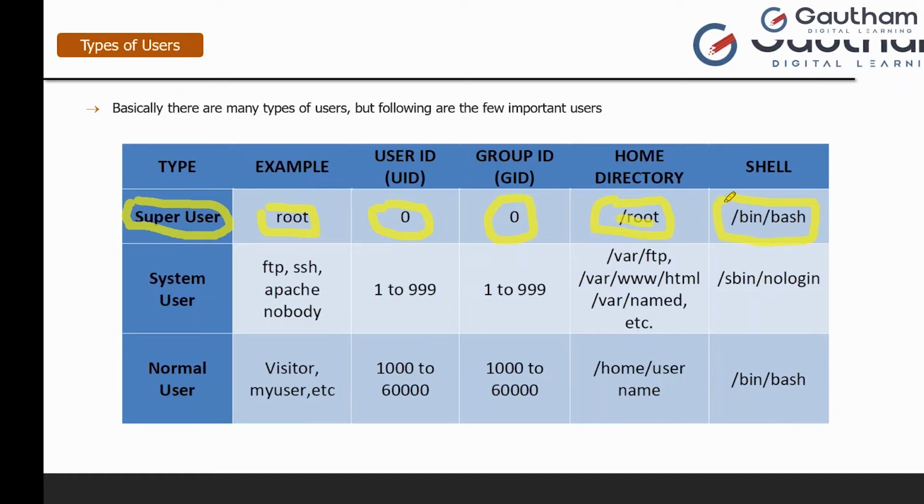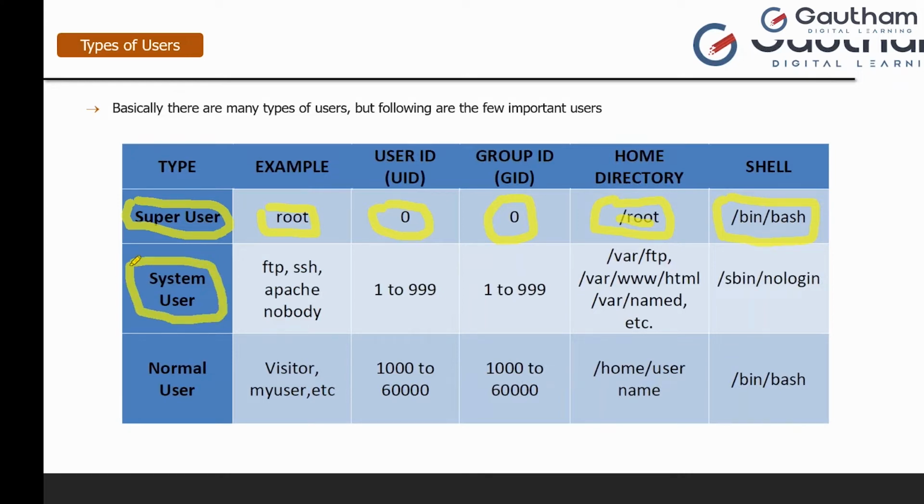See, bash shell is one of the easiest, most user-friendly, and also the most advanced shells you can get in a Linux environment. Every regular type of user will be using this shell only. Then the next important users are system users.